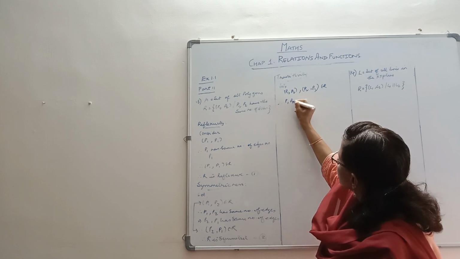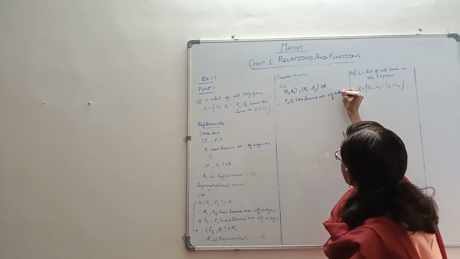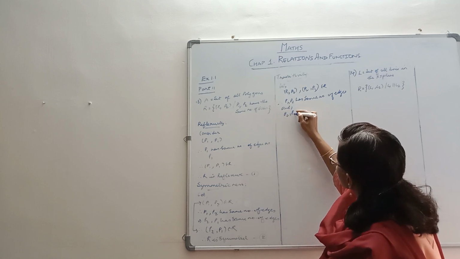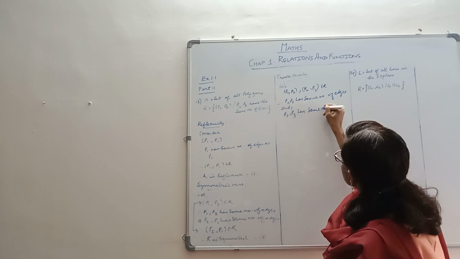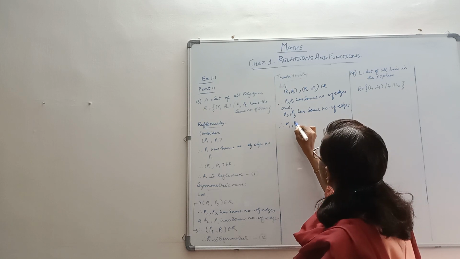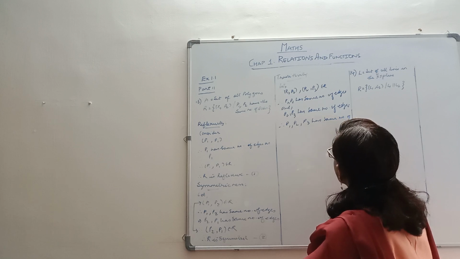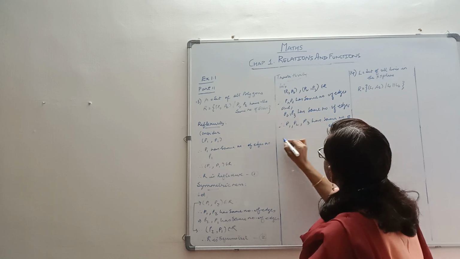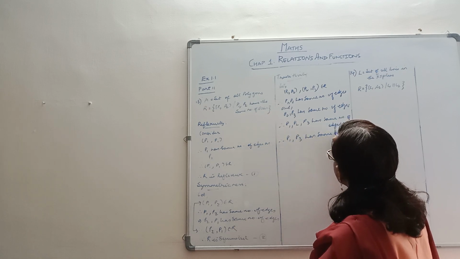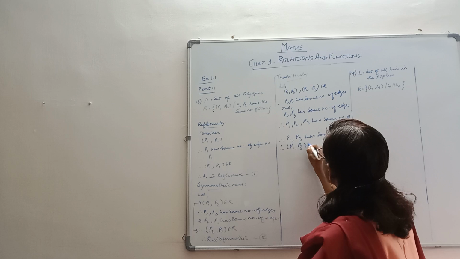That P1 and P2 have the same number of edges, and P2 and P3 have the same number of edges. In net effect, it means that P1, P2, P3 all together have the same number of edges. In effect, P1, P3 have the same number of edges. That's it. Therefore, P1, P3 belongs to R.